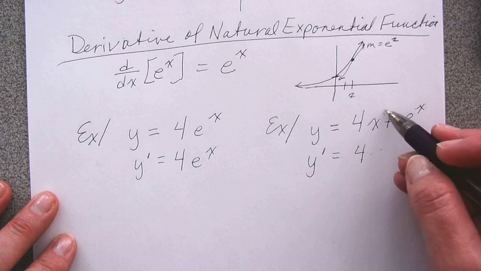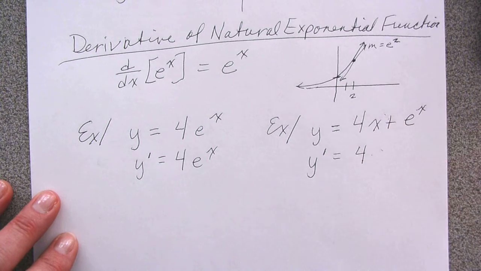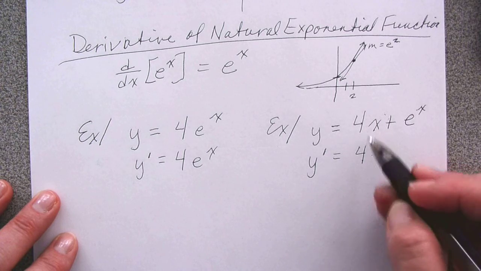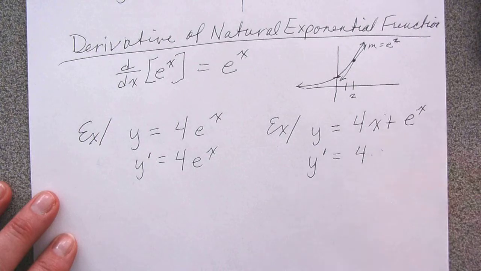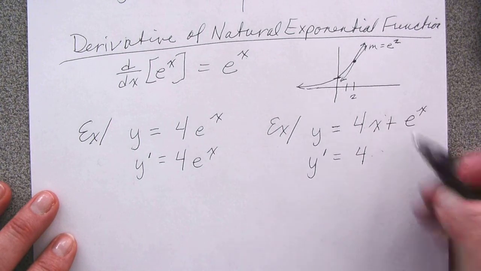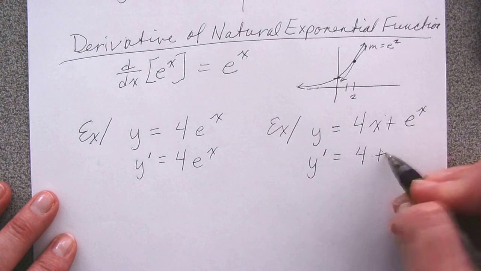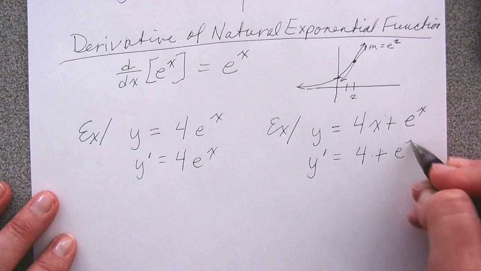X to the, decrease it by 1, is 0. So x to the 0 power is just 1. So anytime you have a constant times just an x, the derivative is always just going to be the constant in front. Plus, and then the derivative of e to the x, e to the x.